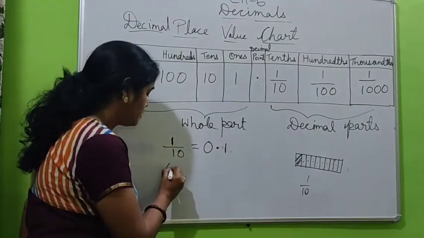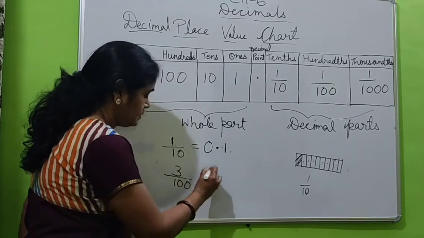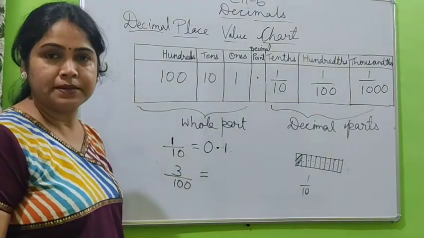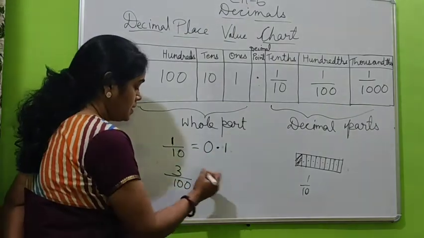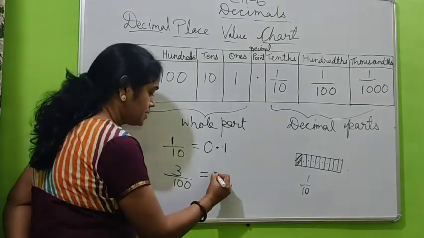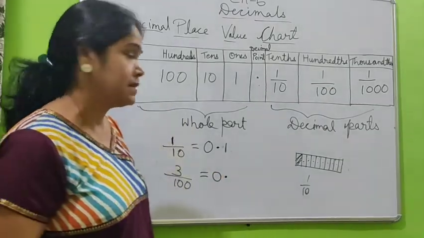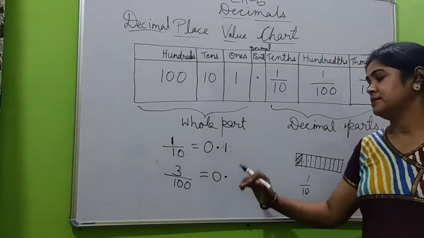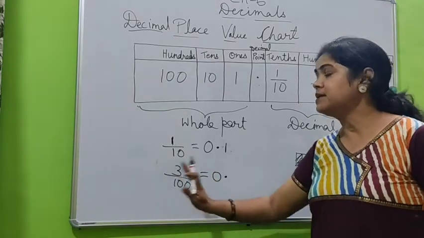Now if it is 3 by 100, how will you write the decimal? No whole part is there, so we will write 0 as the whole part. The decimal point is there to separate, and then we see, is there any tenths part?